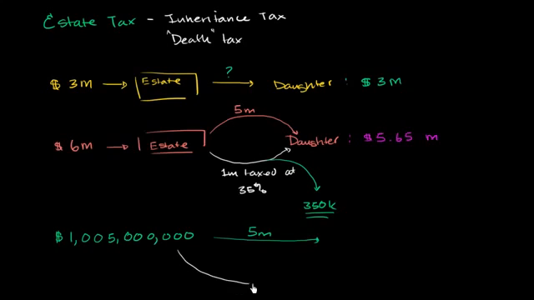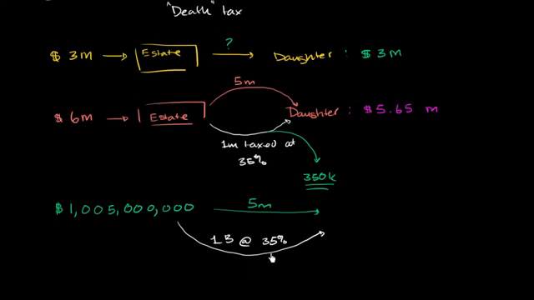So you have $1 billion taxed at 35%, and the federal government will take $350 million. That leaves 650 million of this billion for my daughter. In total, she would get this 650 million plus the 5 million that was excluded, a total of $655 million. So I wouldn't feel too bad for her. She should be pretty okay. So that's just how the estate tax works.